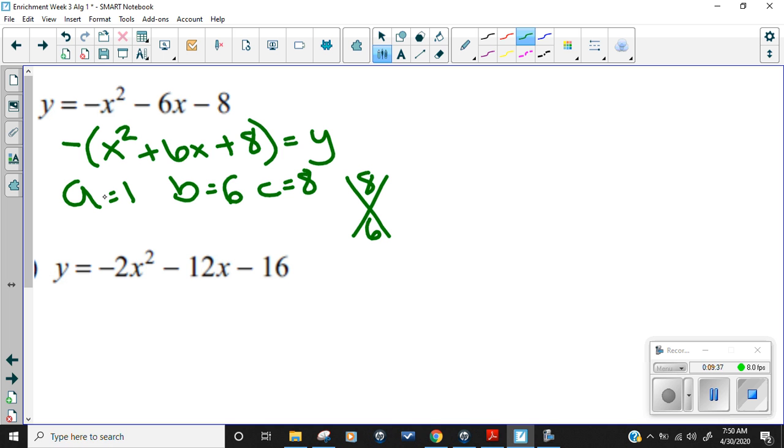So it's nice because now I changed it so that these are positive. So what multiplies to 8 and adds to 6? 4 plus 2, right? So I'm going to get, don't forget about that negative, x plus 4 and x plus 2.